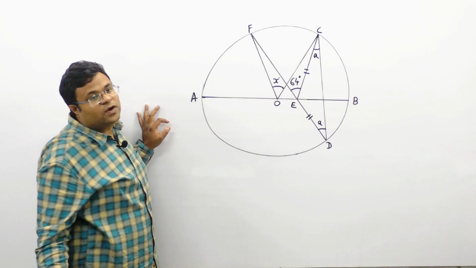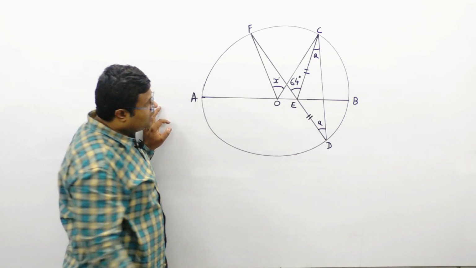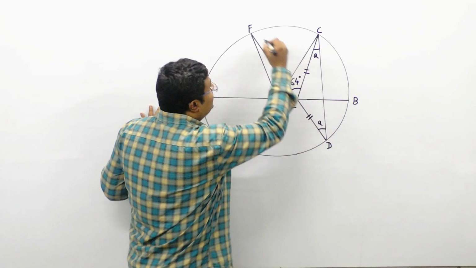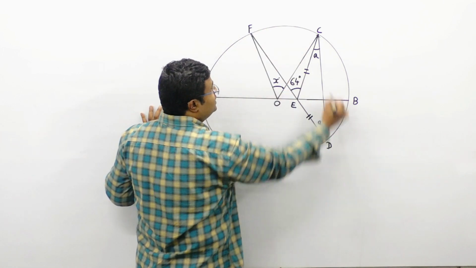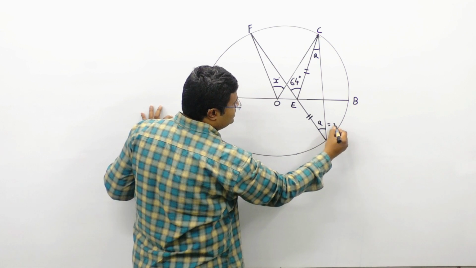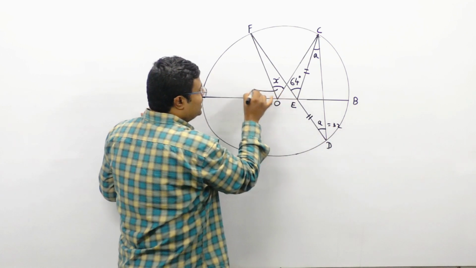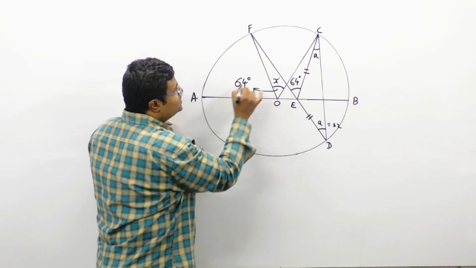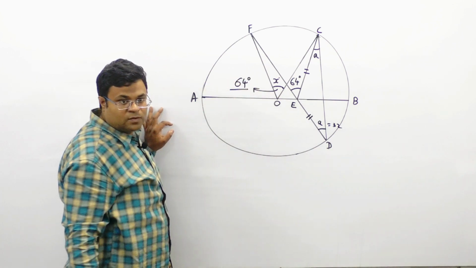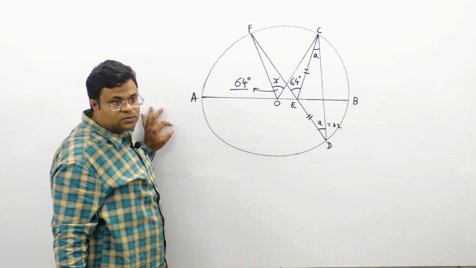That means A is what? 32. A is 32. Now the angle subtended by this arc CF, FDC, this angle A is 32. So this angle x will be twice of 32, that will be 64. Followed or not? Yes.